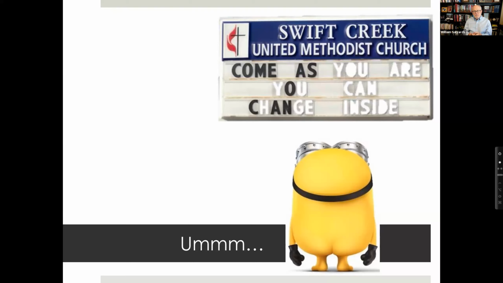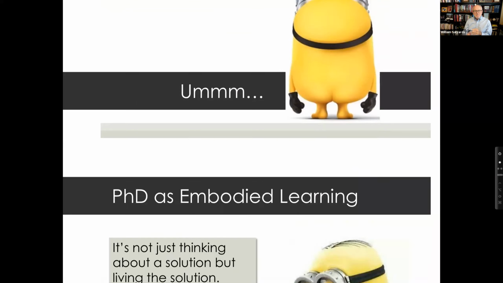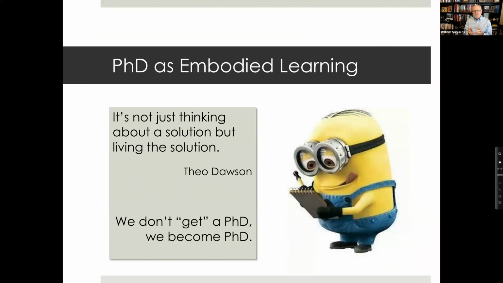Isn't that enough? Well, as the little black sign at the bottom says, no, it won't be enough. We're going to work together and come up with what is enough. And by that, I mean that becoming PhD, and that's the way I like to say it, we don't get a PhD, you literally become PhD.